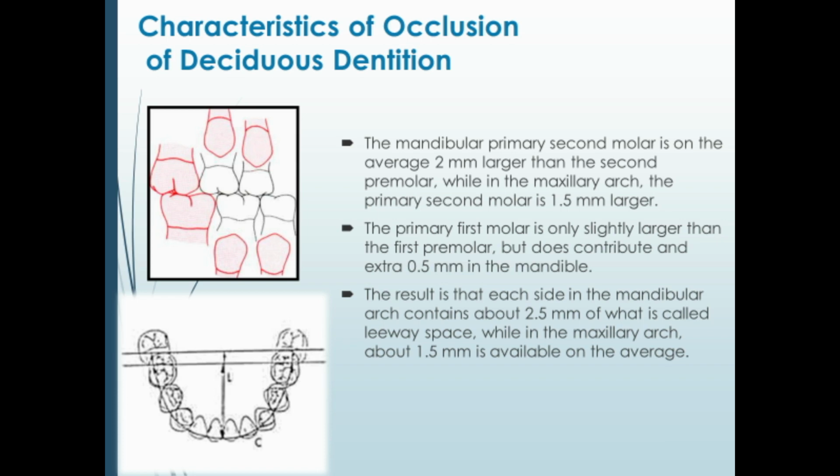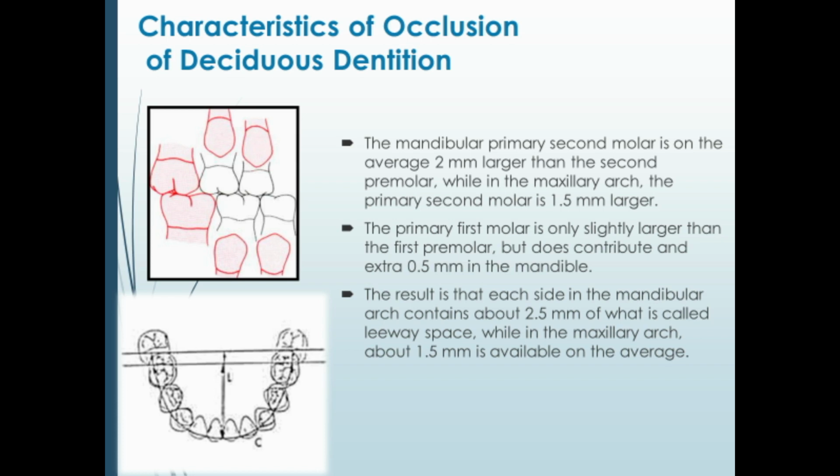Space relationships in replacement of canines and primary molars. In contrast to the anterior teeth, the permanent premolars are smaller than the primary teeth they replace.